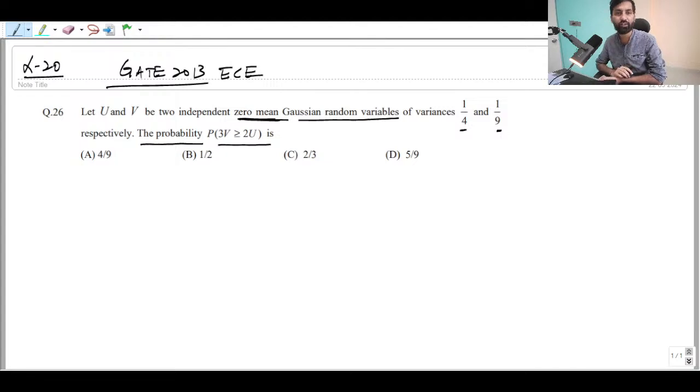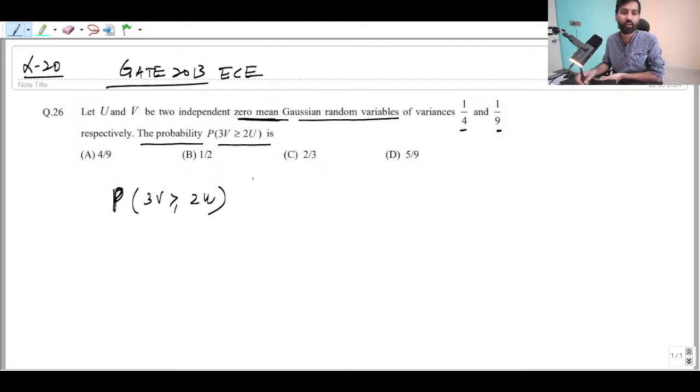These U and V are Gaussian random variables, which means they will have the Gaussian density function. You have to compute the probability of 3V greater than 2U.